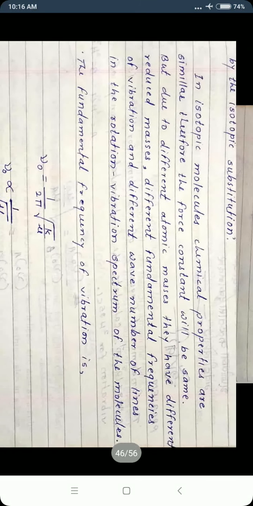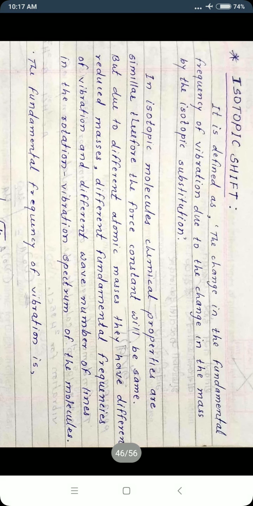Then the isotopic effect in IR spectroscopy, isotopic shift. We already know what isotopic shift is. It is the change in the fundamental frequency of vibration due to the change in mass by isotopic substitution.